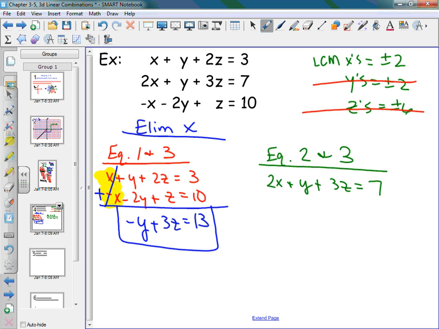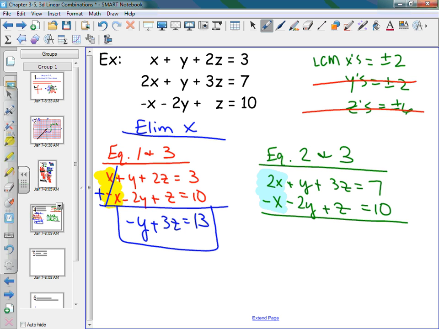Why equation 3? It's already negative. Since it's already negative, I am not forced to multiply by a negative and mess up distributing, correct? So now I need to look at my lovely little x's, and what's my least common multiple between those two? Plus or minus 2.